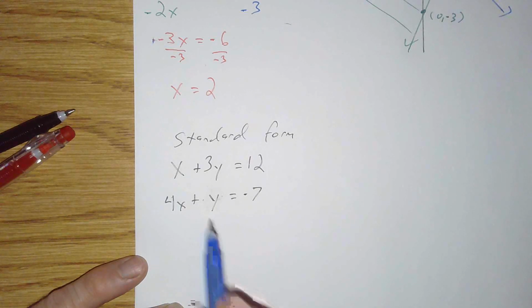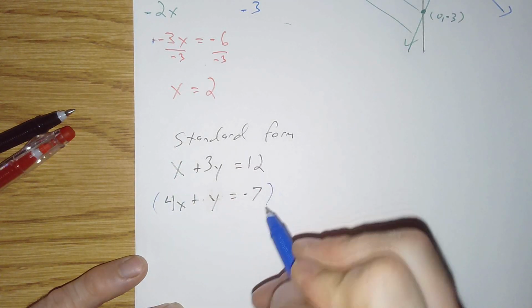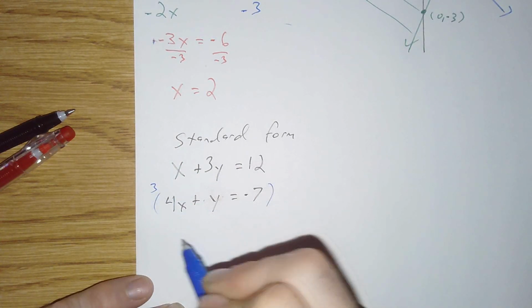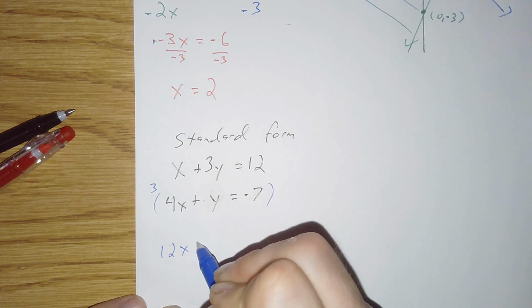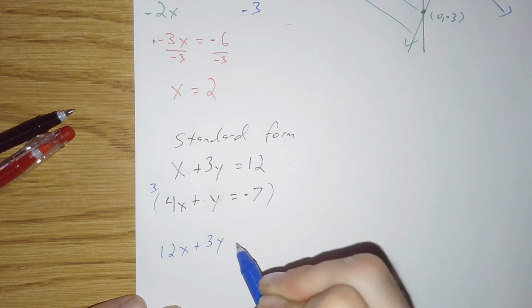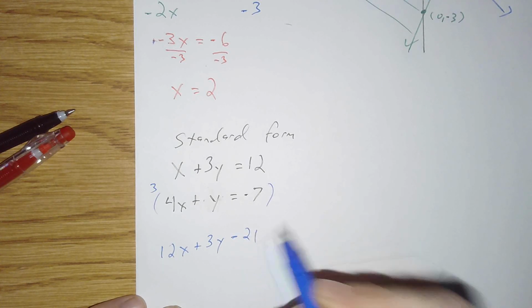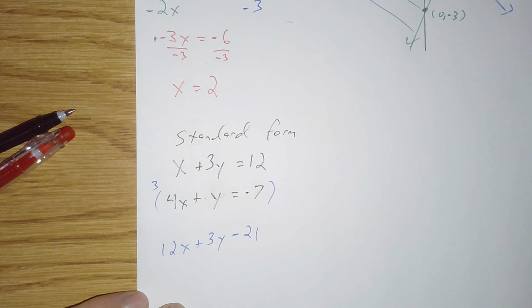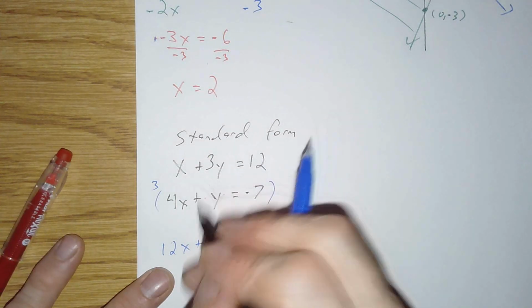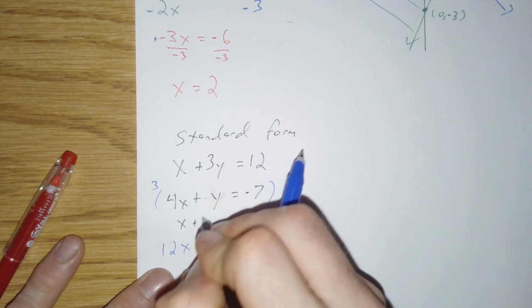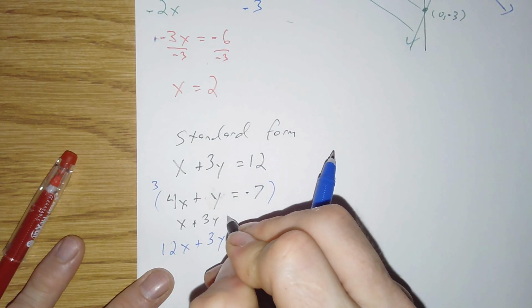So let me make it 3 first. I'm going to multiply this by 3. That makes it 12x plus 3y minus 21. But I can't do anything with these yet. x plus 3y equals 12.